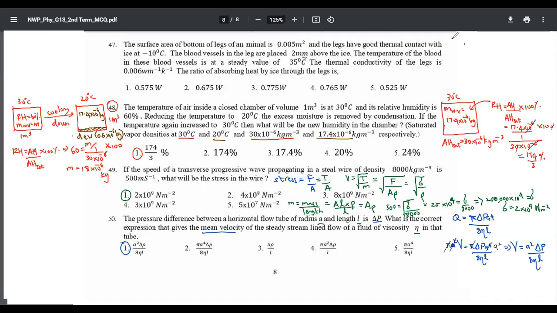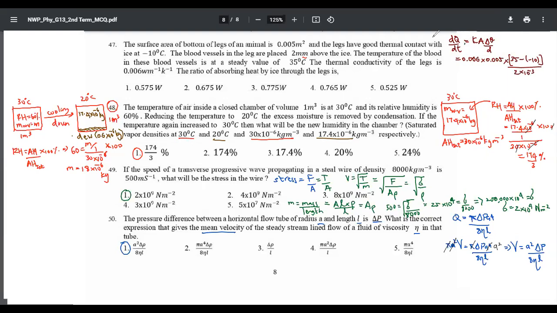dQ by dt is equal to k A times change in temperature over the thickness. K is given, 0.006, into area 0.005, into change in temperature 35 minus 10, over the thickness 2 millimeter, that is 2 into 10 to the power minus 3.